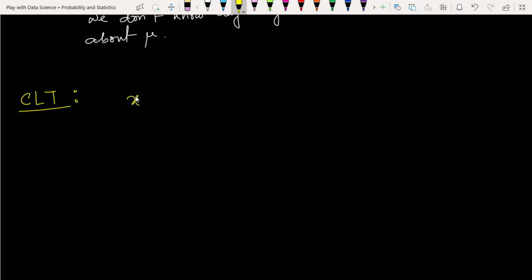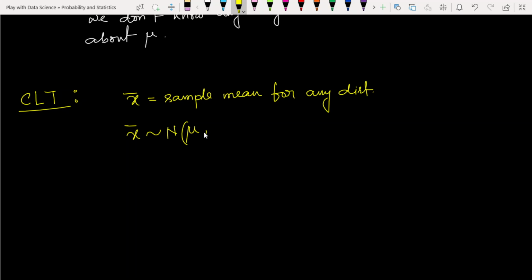If X bar is the sample mean for any distribution, it need not be normal, then the sample mean follows the normal distribution with the mean equal to the population mean of our random variable X, and with standard deviation sigma by root n. Here small n is the sample size.